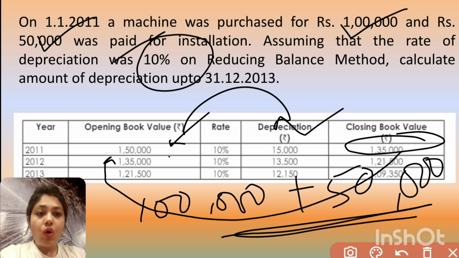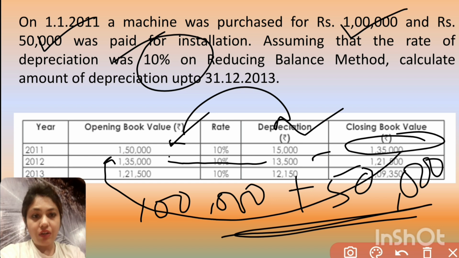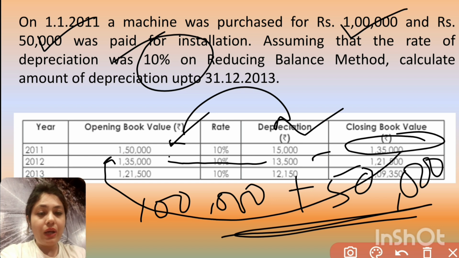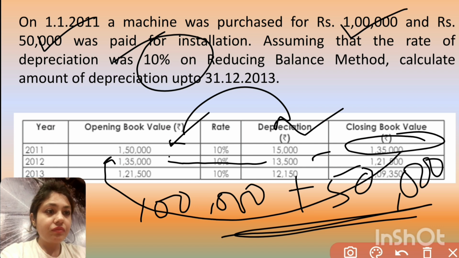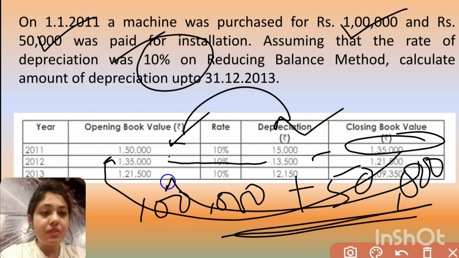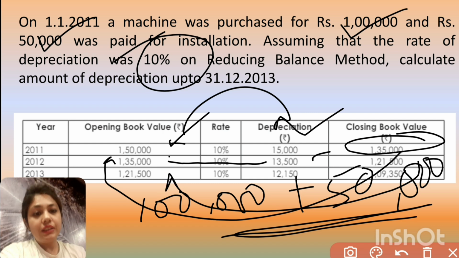Now on this opening balance, that is 1,35,000, the rate of depreciation is 10%. I charge the depreciation, that is 13,500. So the closing balance will be 1,35,000 minus depreciation 13,500. Closing balance would be 1,21,500, right? So this again becomes the opening balance in the third year.